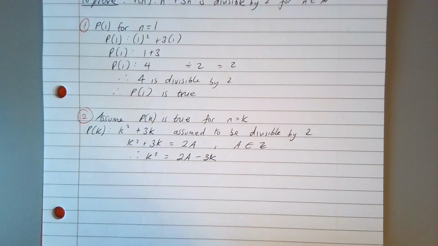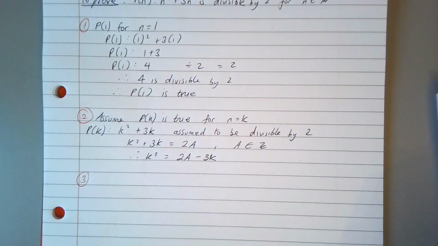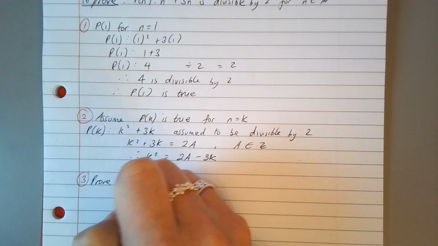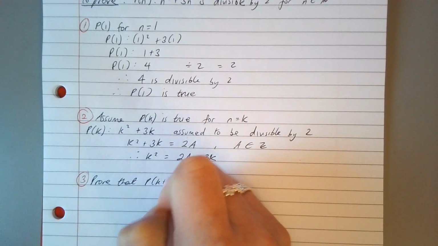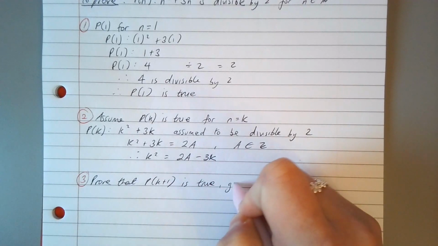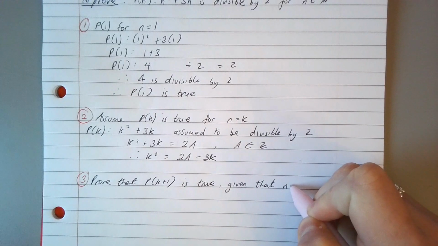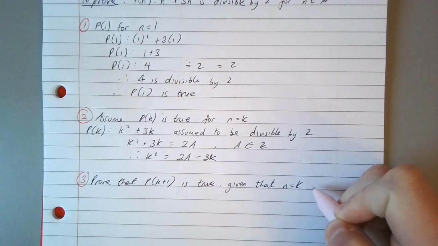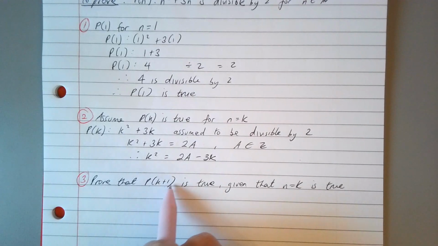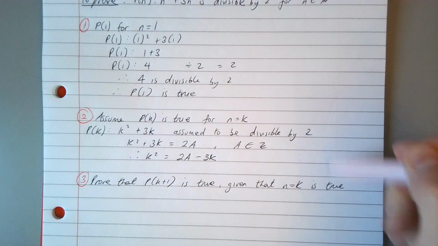That's going to be our second step. Third step then is to prove that proposition k plus 1 is true, given that n is equal to k is true from our second step.